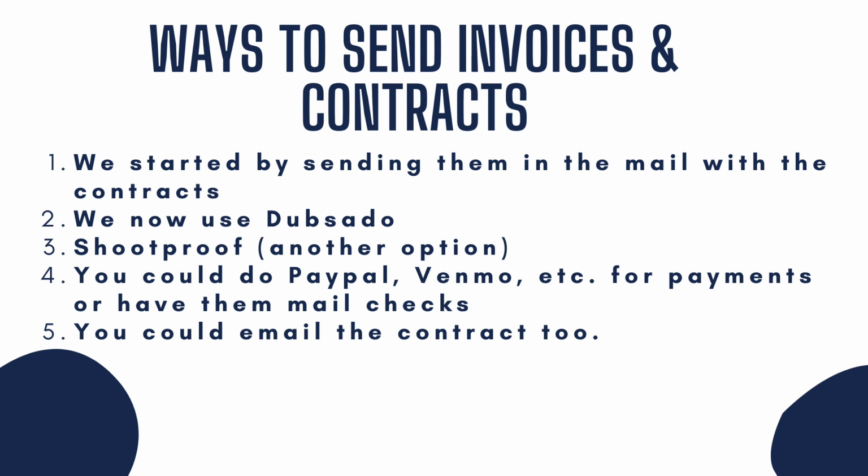We also use something called Shootproof, but we don't use it for that purpose, though it does have the option to do that. We'll talk about how we use both. You can use PayPal or Venmo for payments, or checks as well, and you could also email the contract. So there's a variety of ways based on how you're starting out. You can pick the one that works best for you.